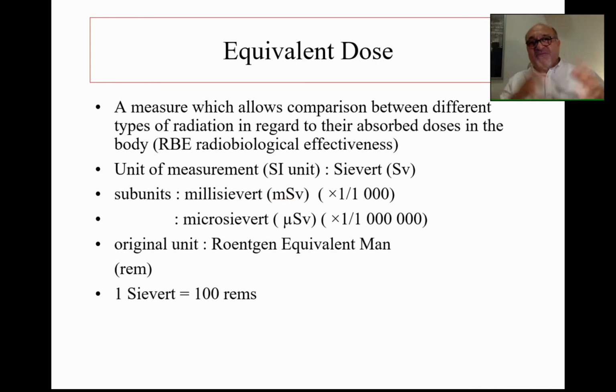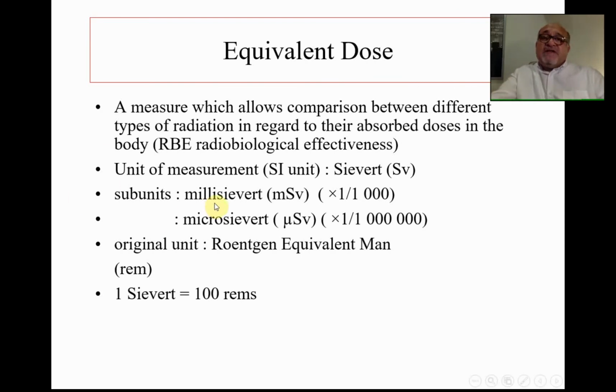Let me be more general. So here it is the radiobiological effectiveness. Now we want to understand the effect of a certain type of radiation on the living tissues. The unit of measurement in the standard international unit is the sievert, abbreviated as SV.